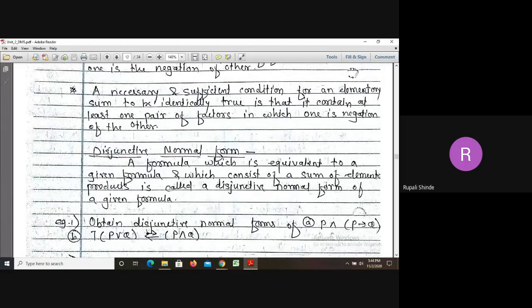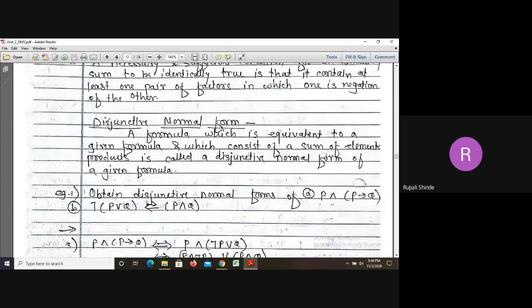This term is very important: sum of elementary products. So what does sum of elementary products mean? Outside of the bracket a sum should be there, inside the bracket a product should be there. That is called the disjunctive normal form of the given formula.